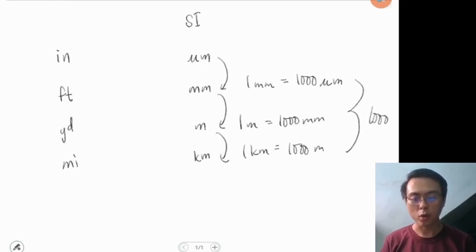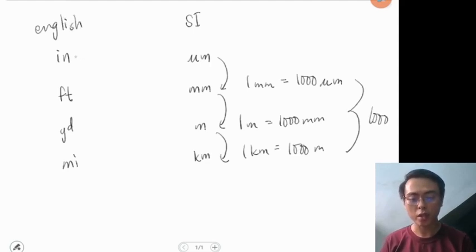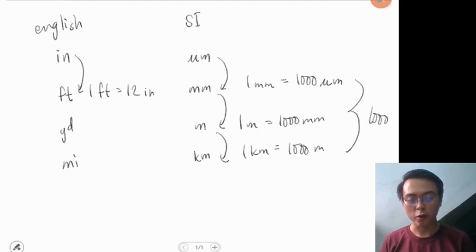But the same is not true for the English system. So let's first see the conversion from inches to feet. 1 foot is 12 inches. That might be easy to remember because you are already familiar. But then if we go from foot to yard, 1 yard is equal to 3 feet.